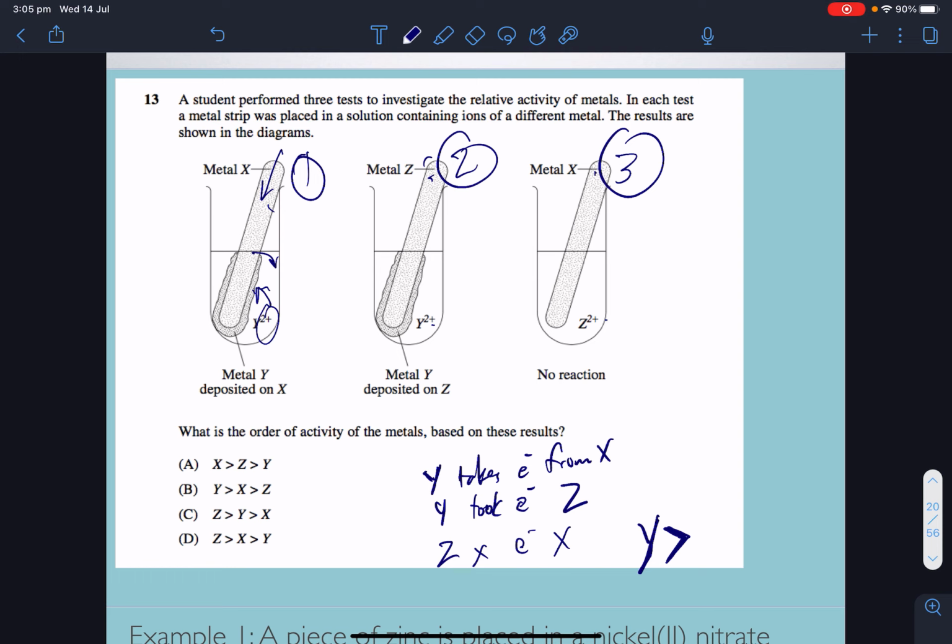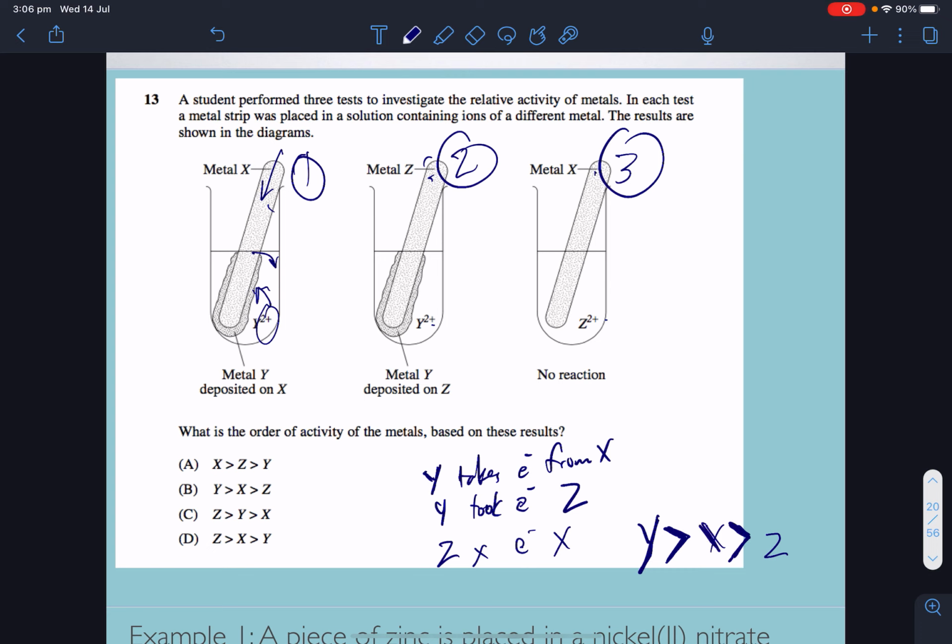Now we just got to consider X and Z. Y took electrons from Z, so Z's somewhere up here, but we need Z relative to X. Y took it from X, and Y took it from Z. Z didn't take its electrons from X. So that means that X would take its electrons from Z the other way around.